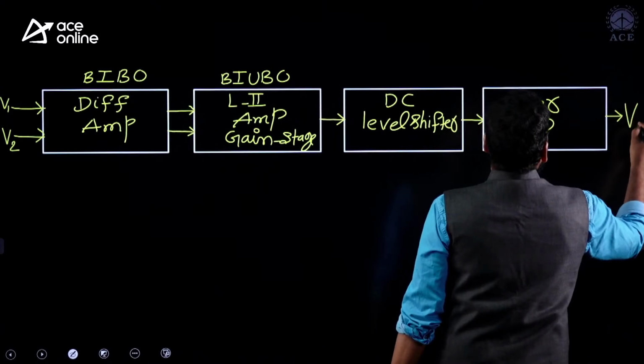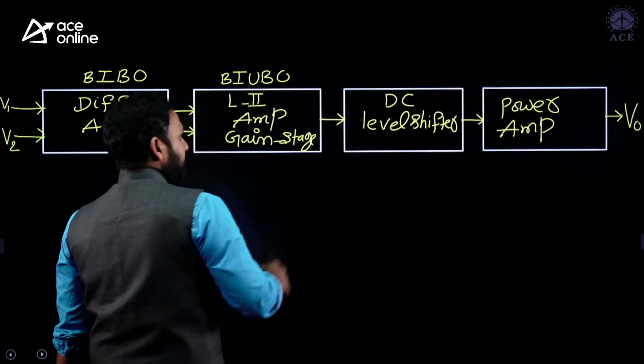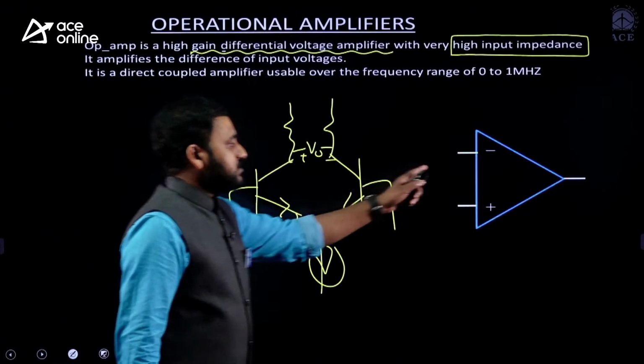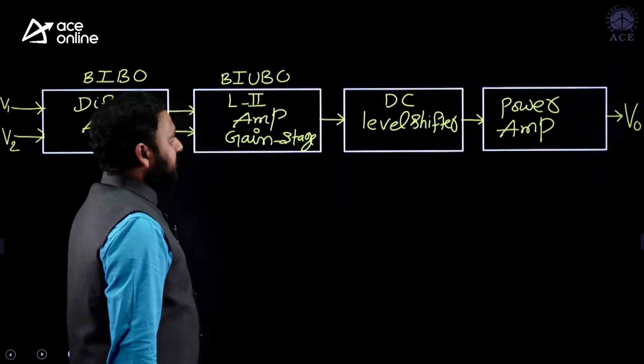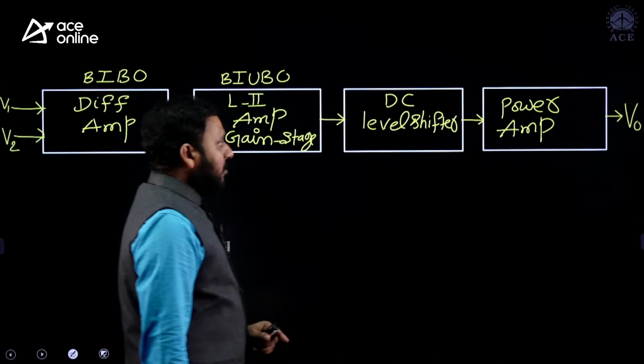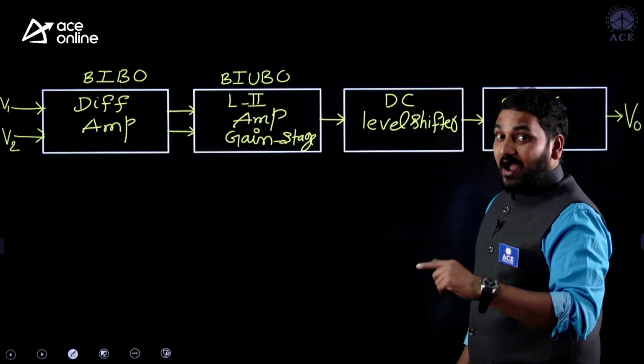And finally, this is the output. If you take this entire system into a single IEEE symbol, you will get this. Okay? So, this is about the basic internal block diagram of an audio amplifier and the two IC type.